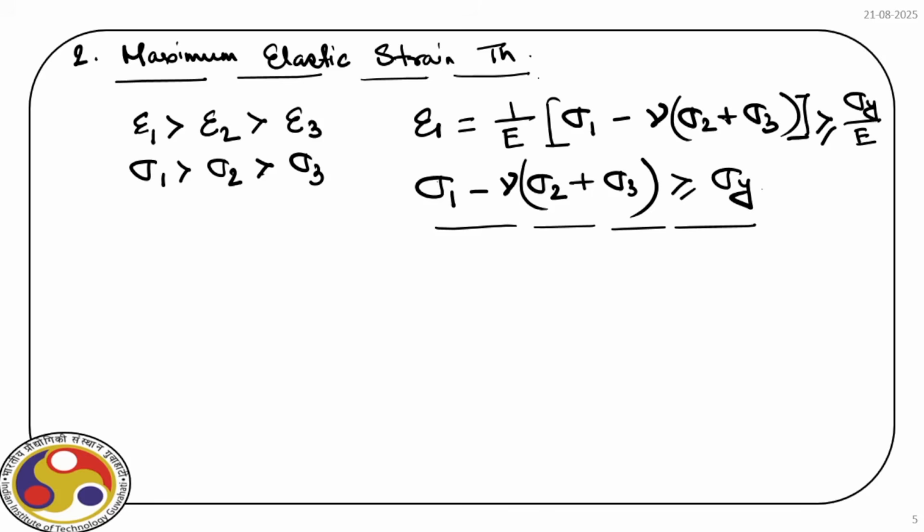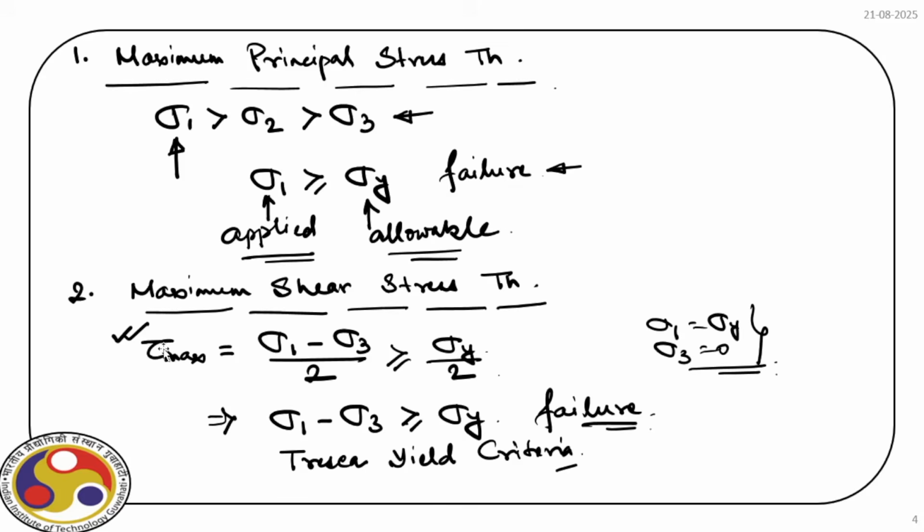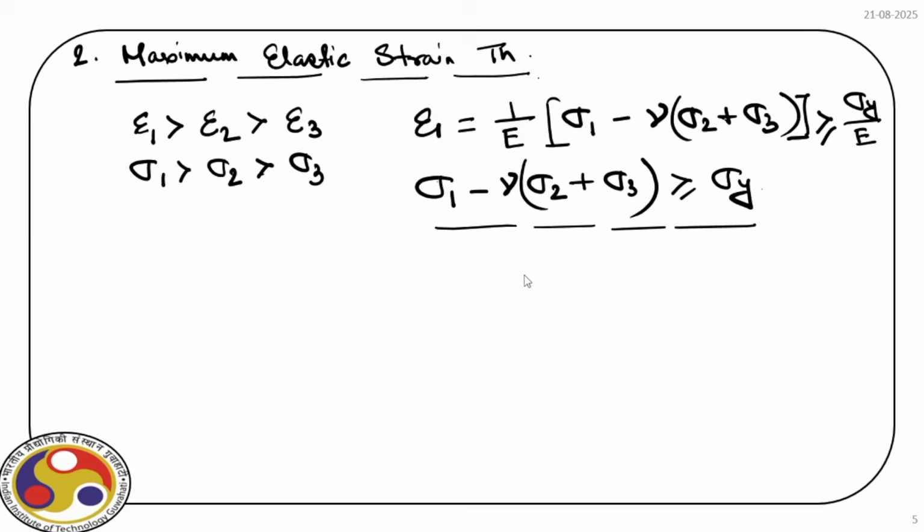Now, if we go back to the maximum principal stress theory, obviously it says sigma 1 should be greater than or equal to sigma y, but for a three-dimensional structure, obviously this is not realistic because of the Poisson's ratio. We'll have the contribution of sigma 2 and sigma 3, and from that perspective this expression is more realistic compared to what we had earlier.